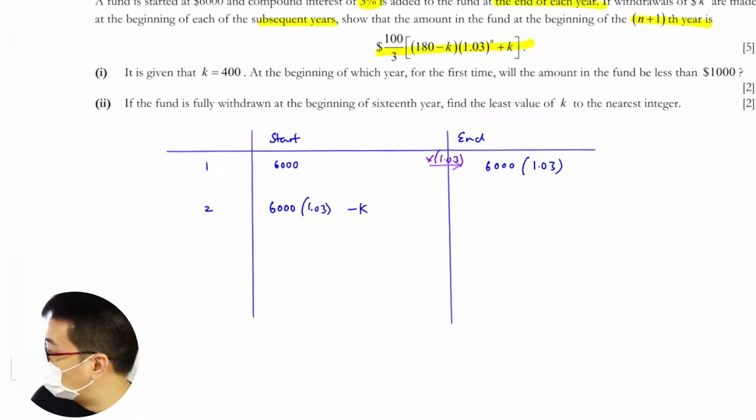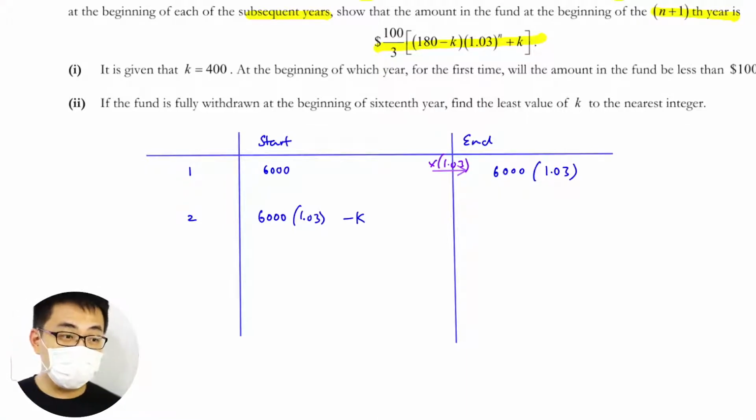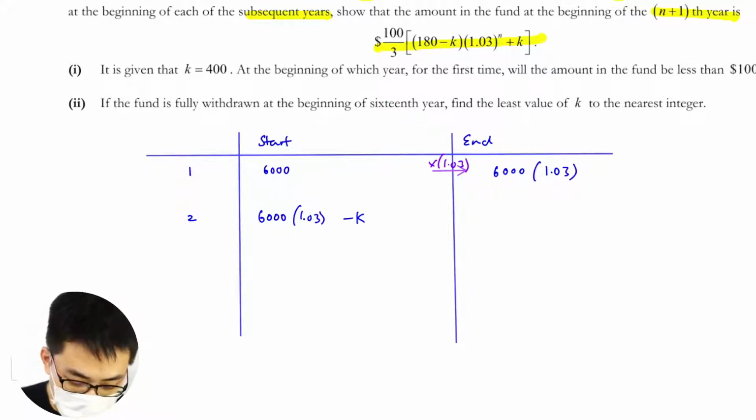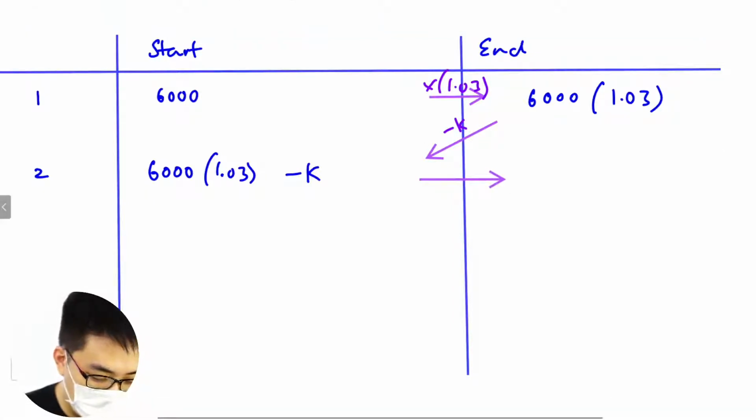You don't compute using the GC. So you are tempted to compute using the GC, don't, because what you need now is pattern recognition. Okay, so don't do that. Then subsequently, this one here is minus K. Then this one here is multiplied by 1.03.